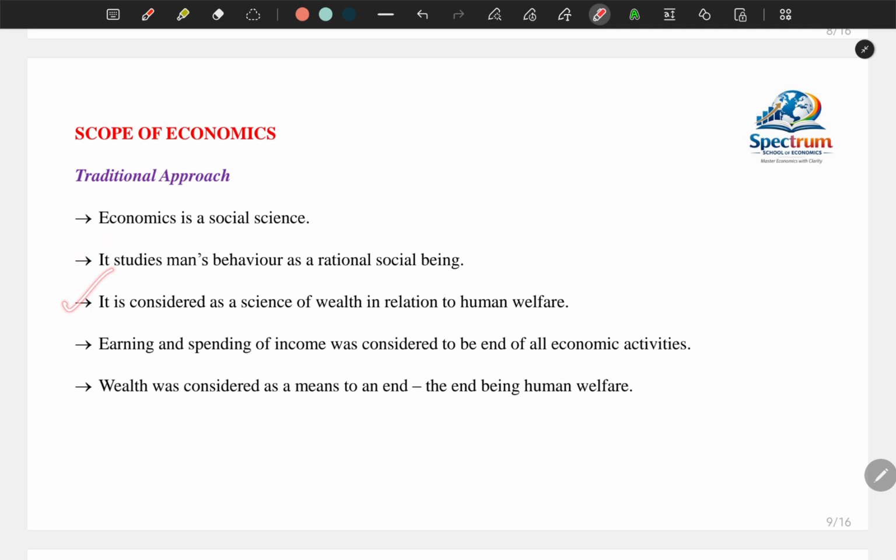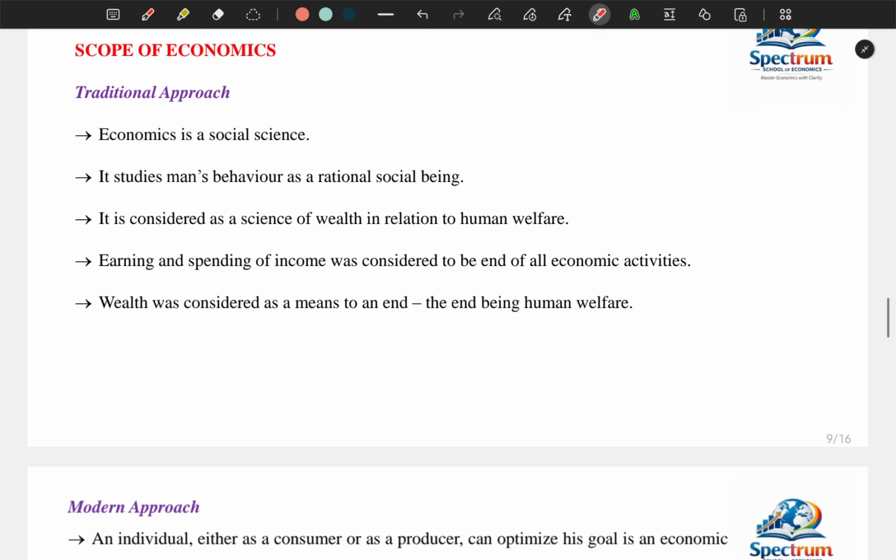It is considered a science of wealth in relation to human welfare. It also studies earning and spending of income, considered the end of all economic activities. Wealth was considered a means to an end, and the end being human welfare. So this is the traditional approach.